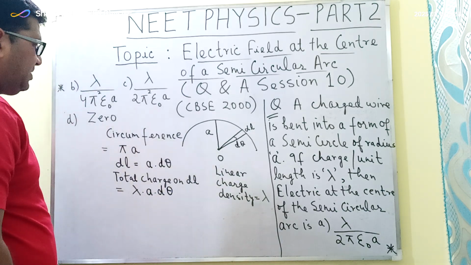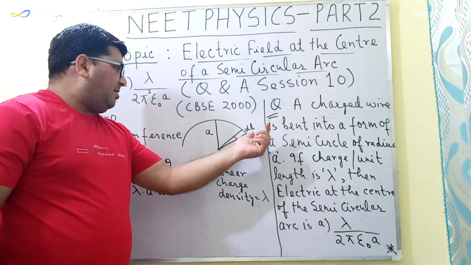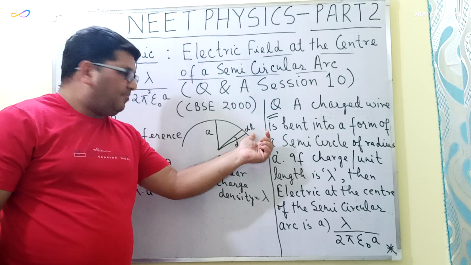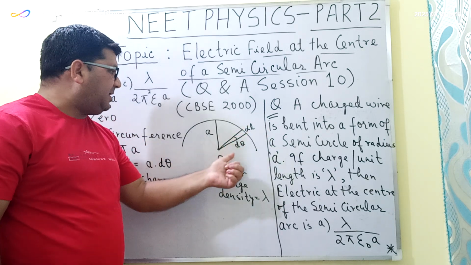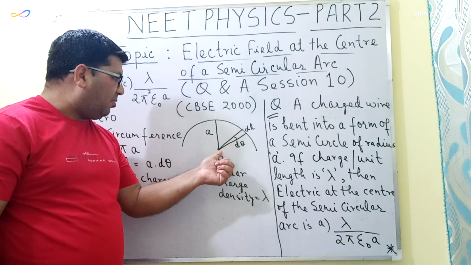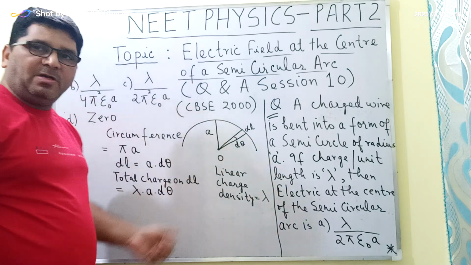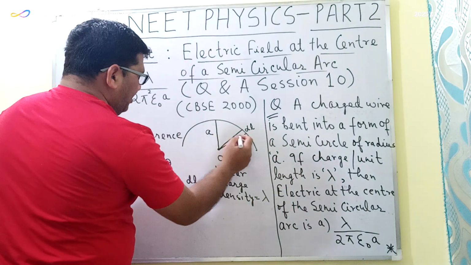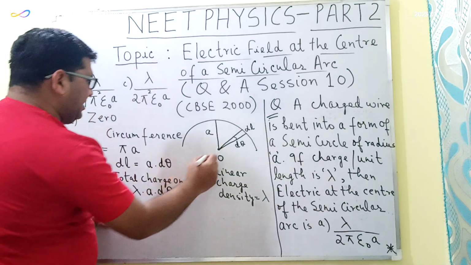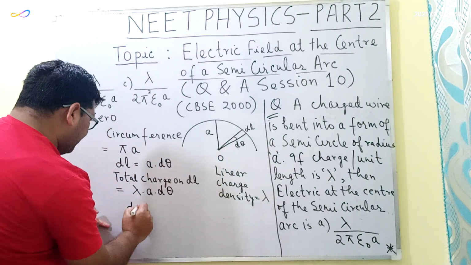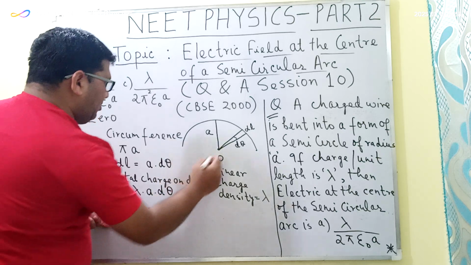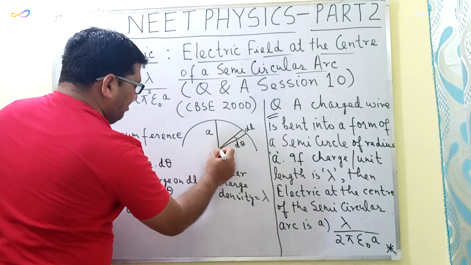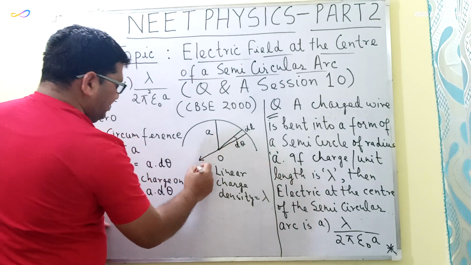Now this length dl is very small, and first of all we will find the electrical field at this point O due to this small element dl. The electrical field, say dE, because of this small element dl will be directed as given by this arrow.